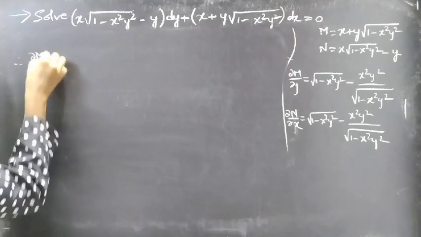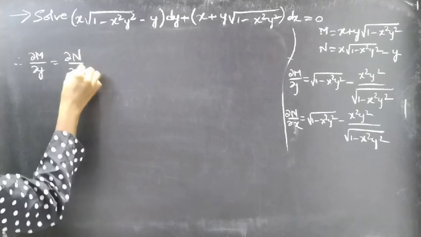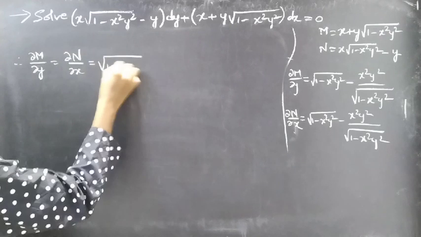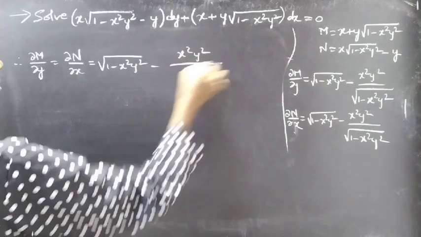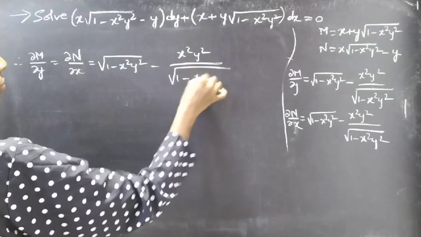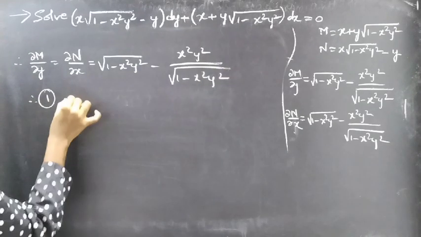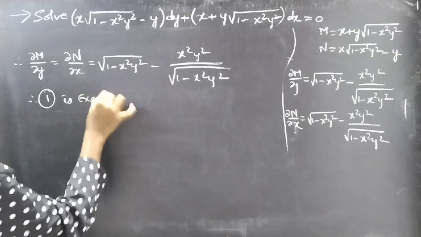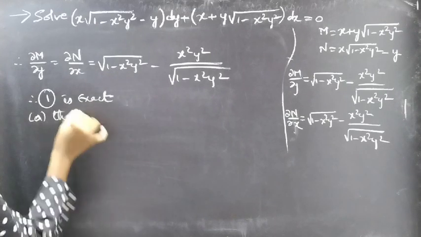Therefore, partial derivative of m with respect to y equals partial derivative of n with respect to x, equal to square root of 1 minus x square y square minus x square y square by square root of 1 minus x square y square. Therefore, the given differential equation is exact.